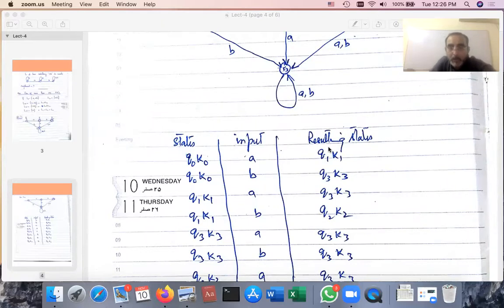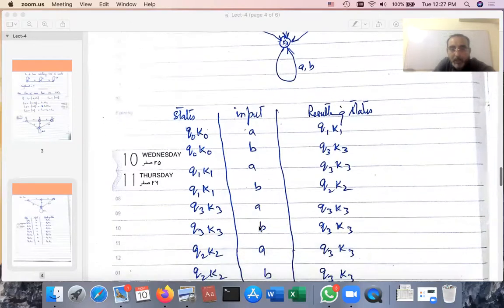Okay, Q1, K1 is finished. And now what is the new state? Q3, K3. So you have to mention this Q3, K3 here. You have to take all these new states in the resulting states column, but you don't have to repeat states. So now we write Q3 and K3, and we check A and B over it.